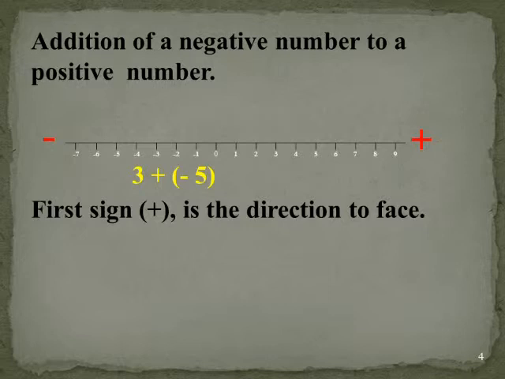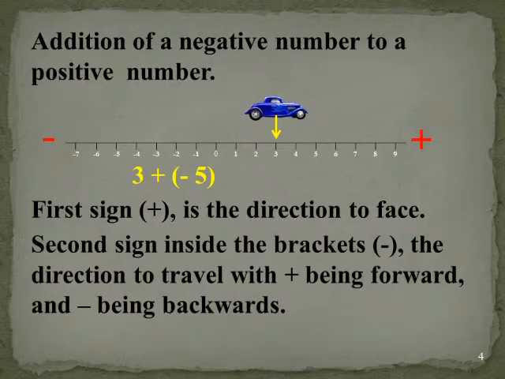The first sign that we look at, in this case it's a plus, is the direction we're going to face. So here we have a car coming in at 3 and we're facing the positive direction. The second sign, which is the one inside the brackets, is the direction we'll be travelling, and the number is how many units we go. So in this case, plus is forward, minus is backwards. We're going to travel.